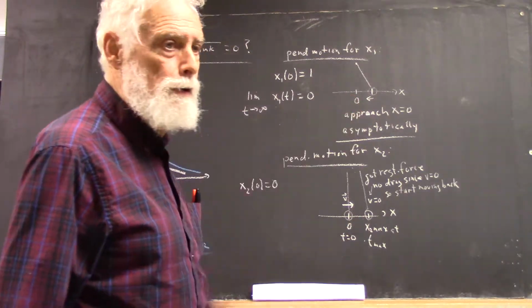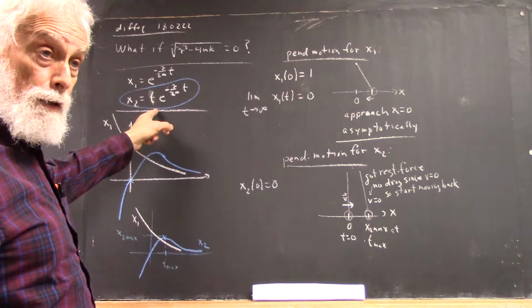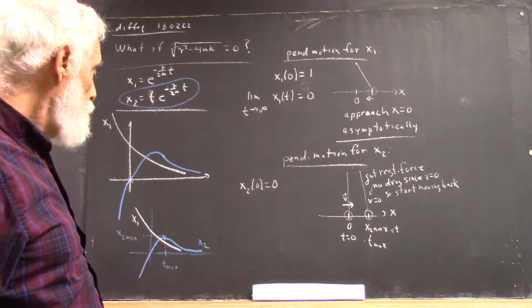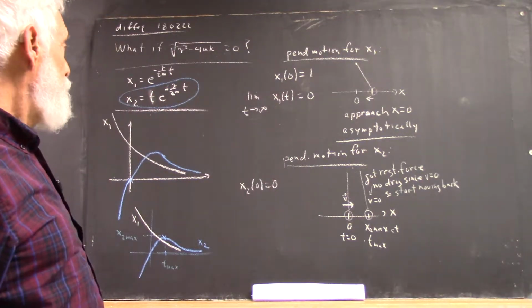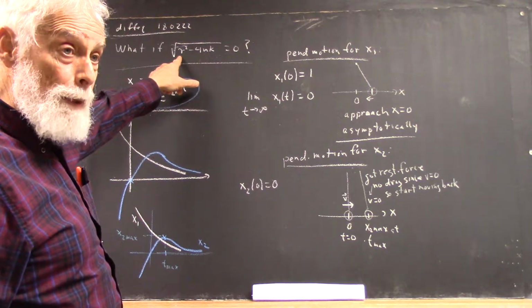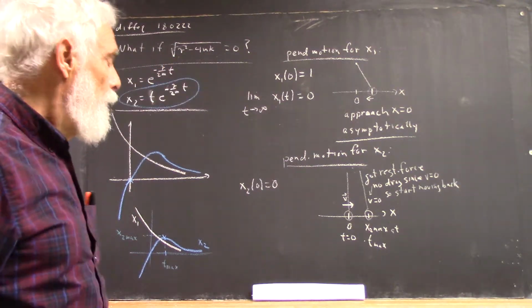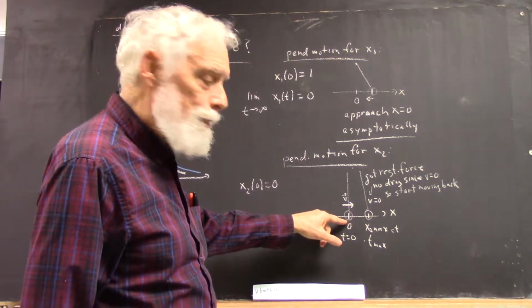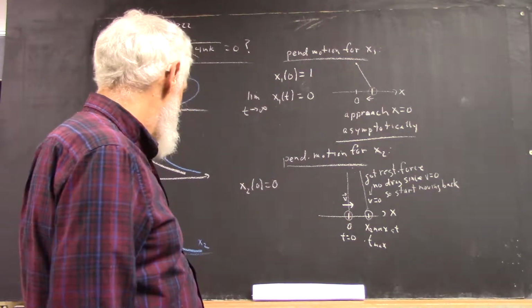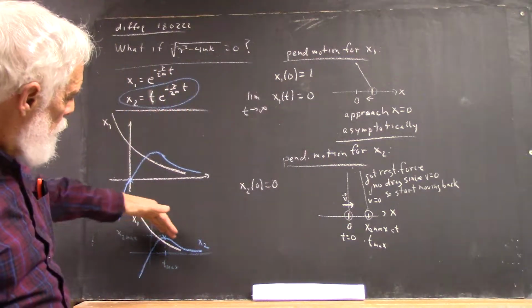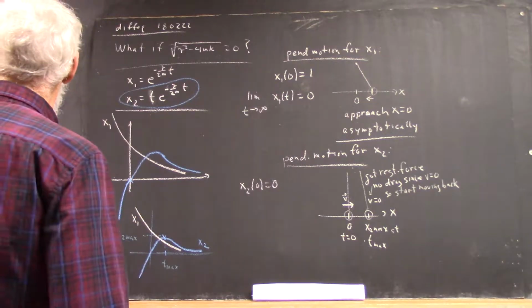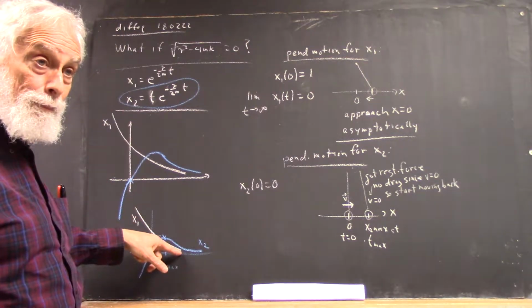But the function is a little different because of the t. Okay? And again, the m, k, and gamma are matched up in such a way that as you approach 0, you're going to have an inflection point here, right?